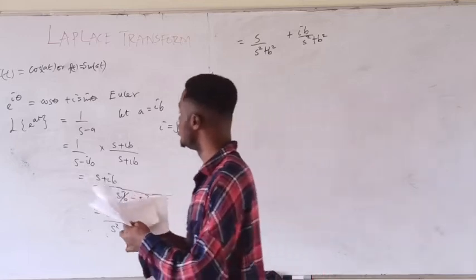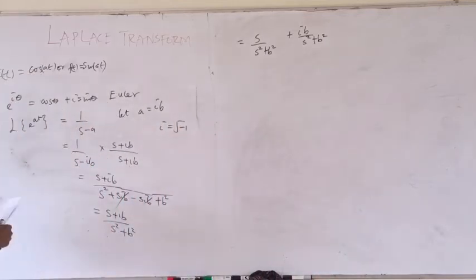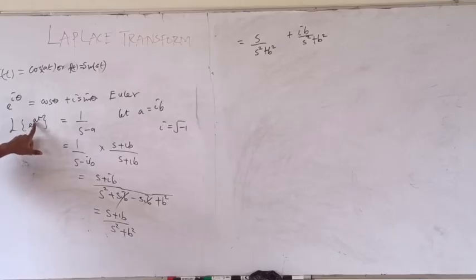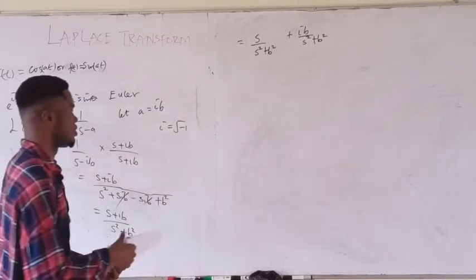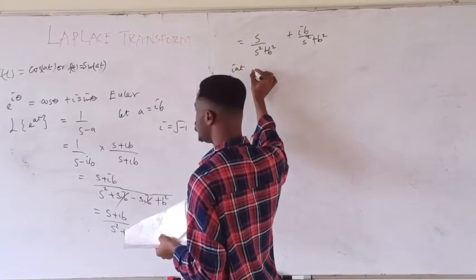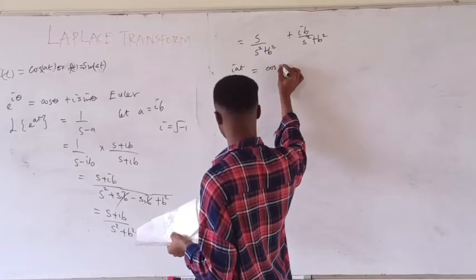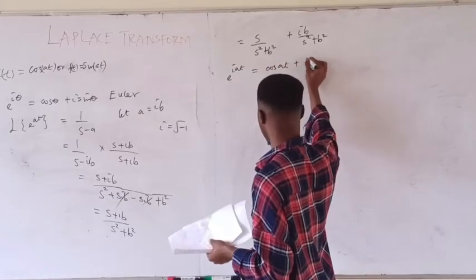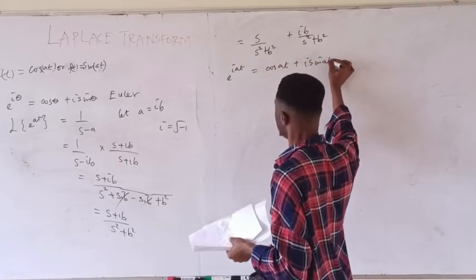Now recall that initially I said the Laplace of exponential of at was equal to this. And from Euler's law, we know that exponential of i theta is equal to this. That is to say, the exponential of i at should be equal to cos at plus i sine at, right?